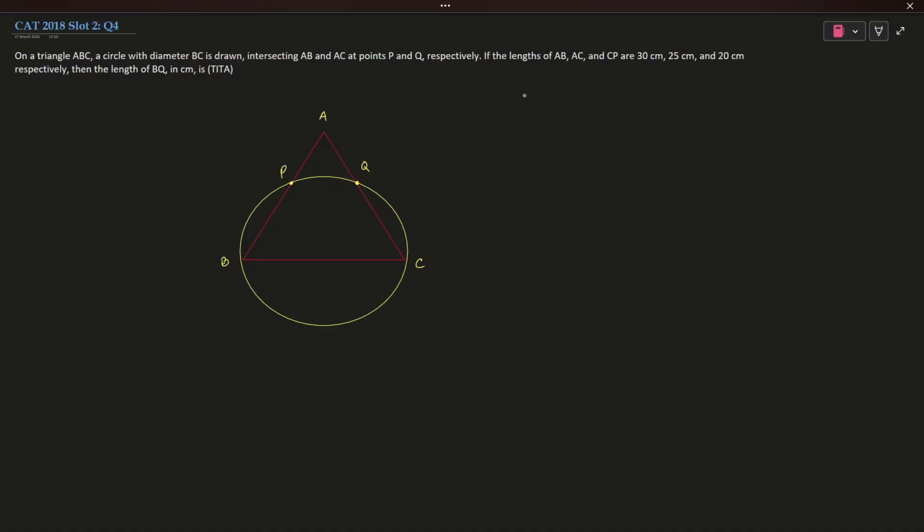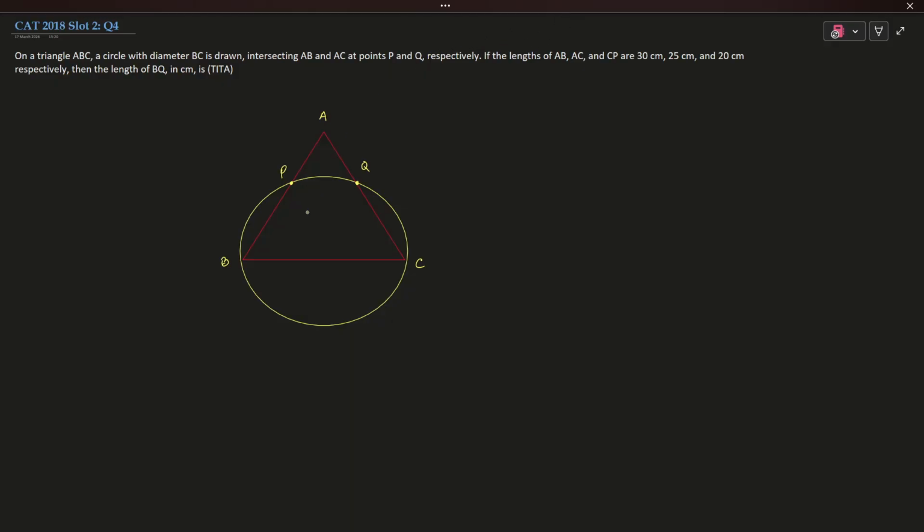If the length of AB is given to us, which is 30, 30, 25, so 30 can be written as 5 into 6, 25 can be written as 5 into 5, 20 can be written as 5 into 4. Are they forming any AB, AC and CP? My bad, they have given the length of CP, sorry. I was just checking if they form a right angle triangle, but unfortunately they do not.